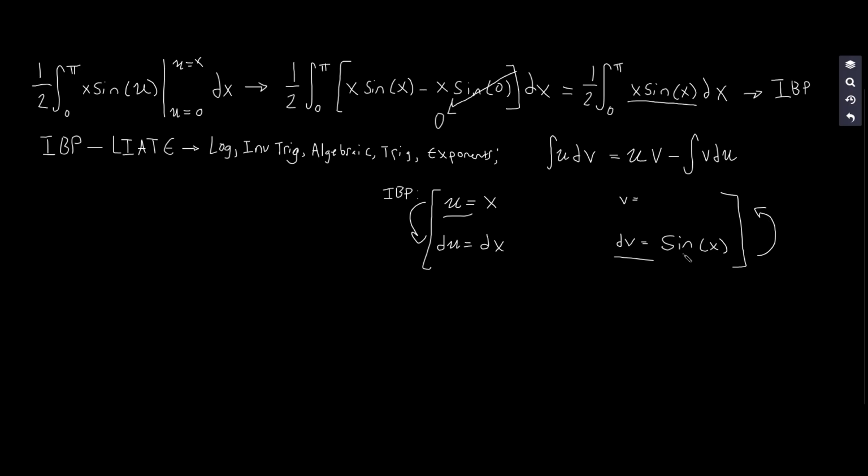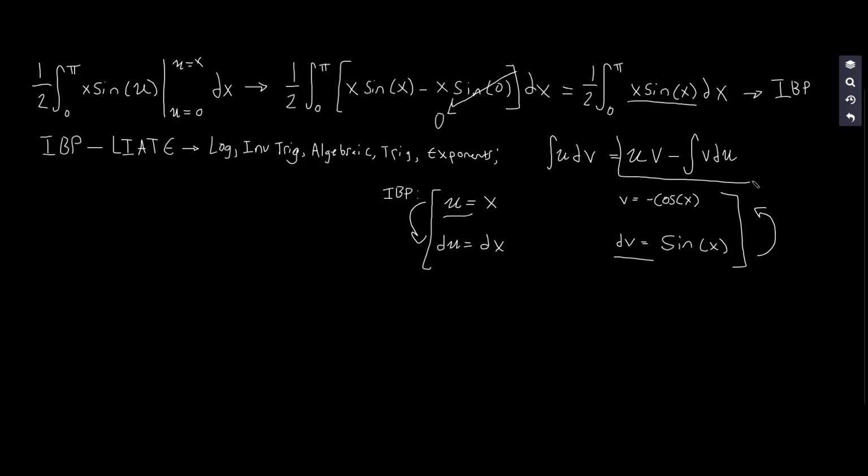And let's see. So here, if you take the integral of sine of x, it's going to be negative cosine of x. Then we throw it back into our setup. So we have all of this to put into our formula.